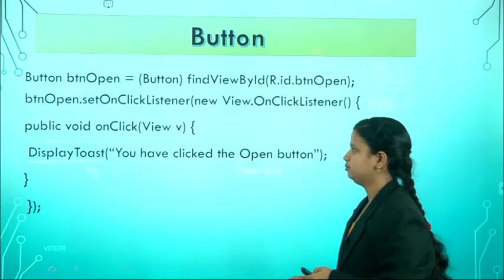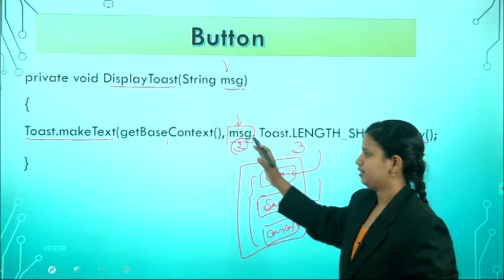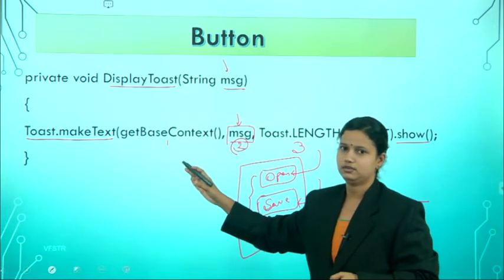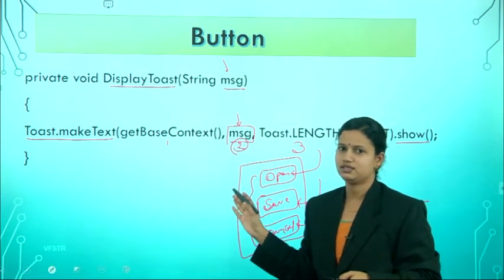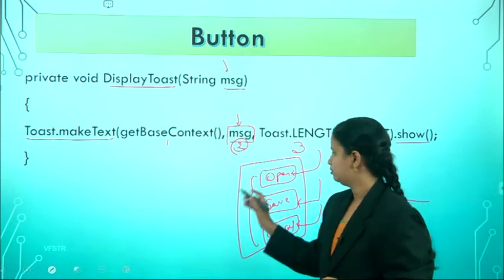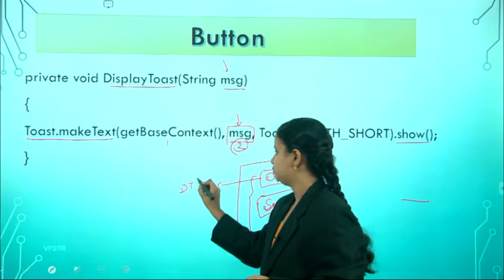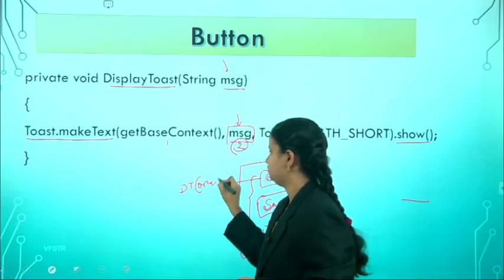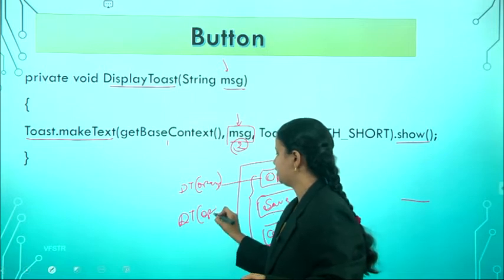The implementation for display toast is already developed in a user defined method, so we just have to call the method name. When you use open, you only call display toast of open, and in the same way we only have to use display toast of save or cancel.